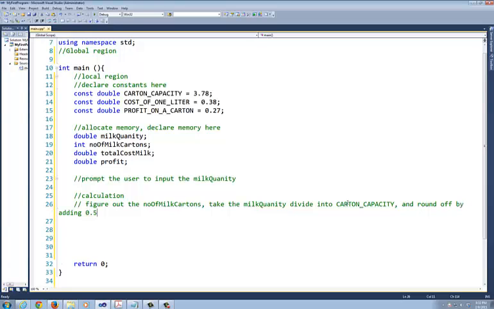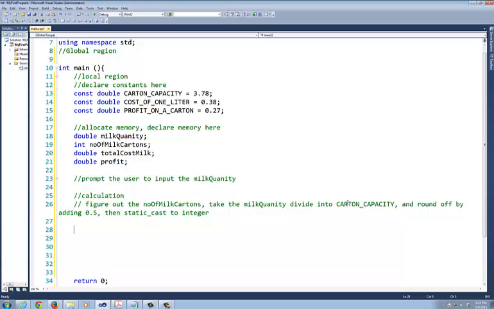How do you round that off? By adding 0.5 to that number, right? Then you need to do a static cast to an int, an integer.